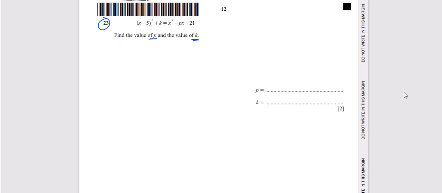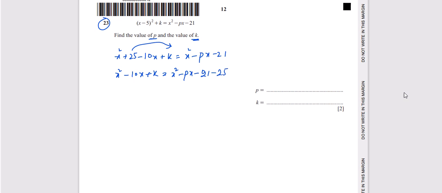So open the square: x² + 25 − 10x + k is equal to x² − px − 21. Shift the 25 to this side.